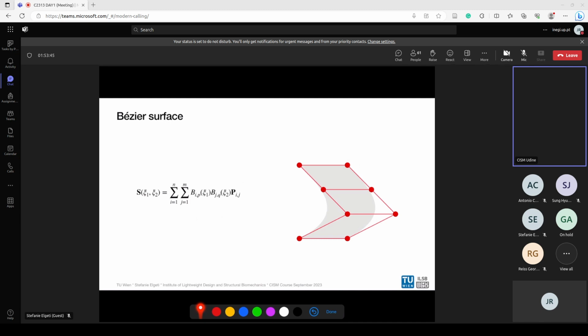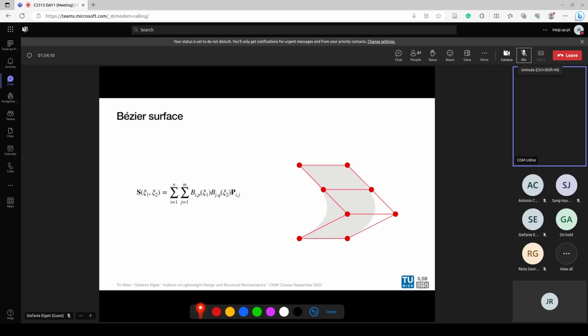This extends to surfaces, this whole idea. If I want to represent a surface, then I need 2 local parameters, one for each direction of the surface. So then I have 2 basis functions, and I have a control point grid.